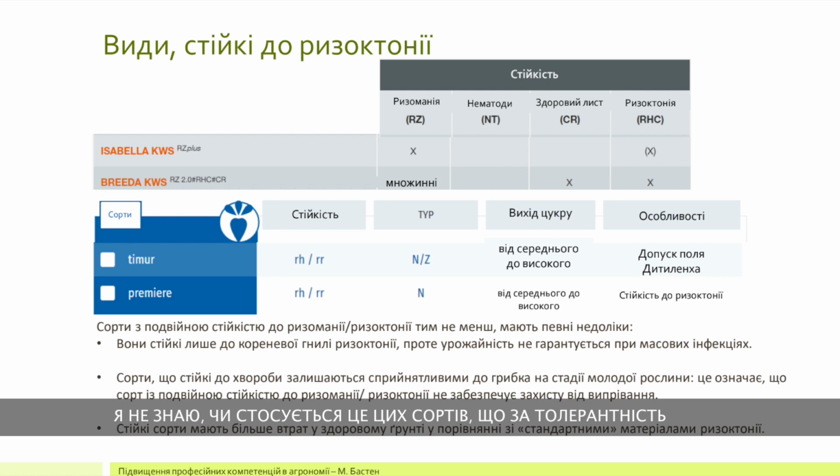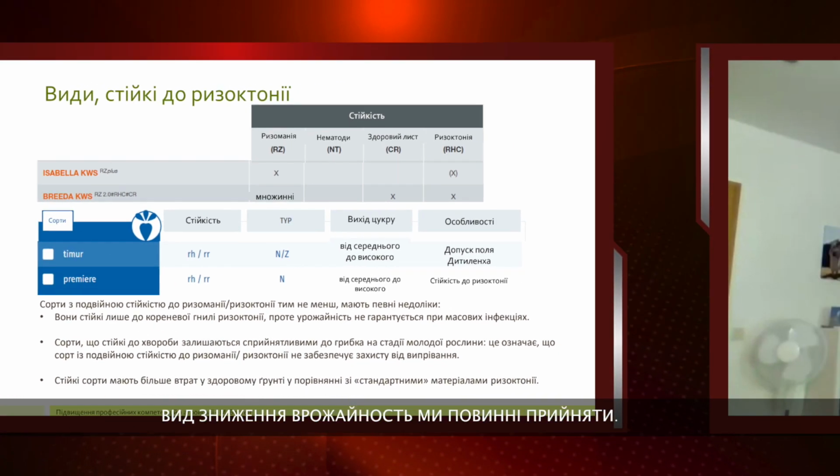I don't know whether this still applies for these varieties, that there is a yield penalty for the Rhizoctonia tolerance, but of course, it's always a kind of balance between what would be the effect on controlling the Rhizoctonia, or what kind of yield penalty we need to accept.